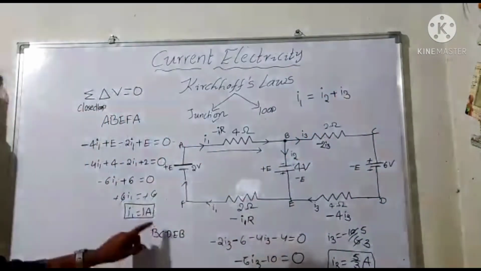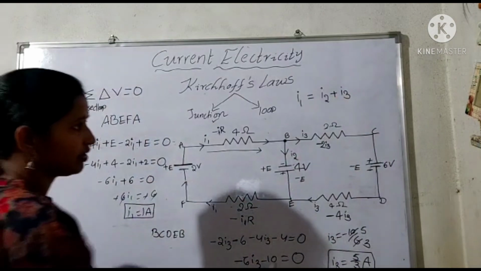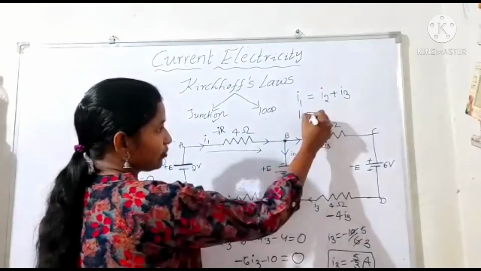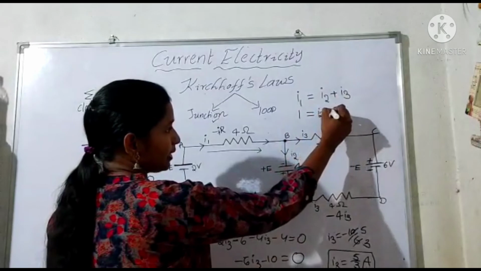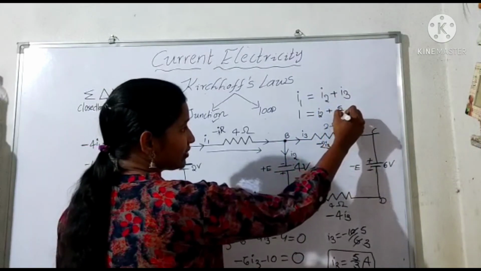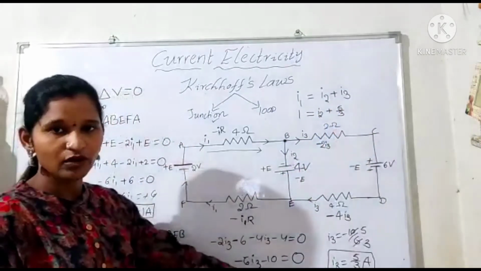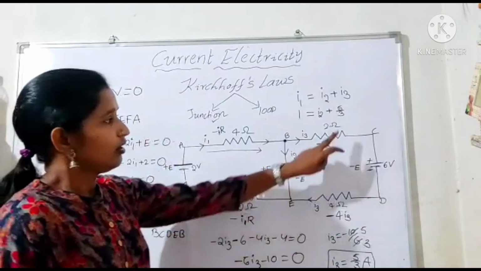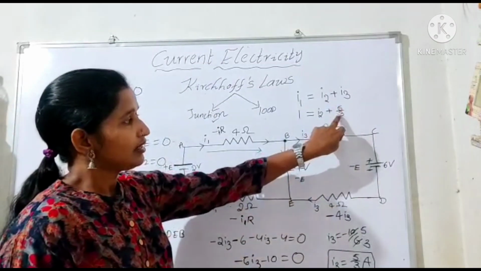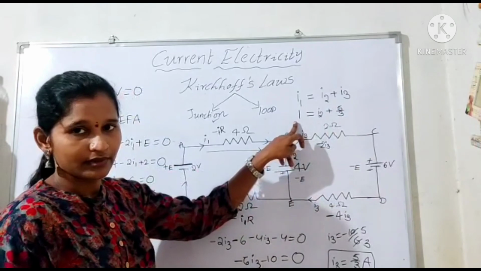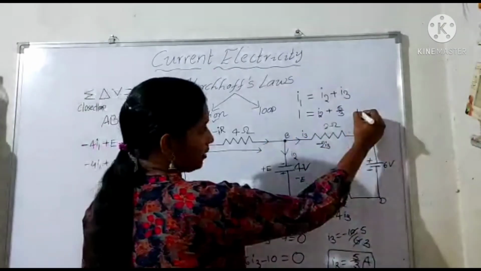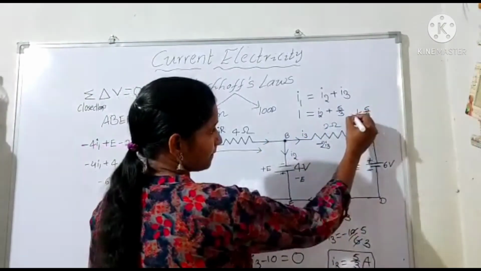What is the I1 value here? We got 1 ampere. So 1 equals I2 plus 5 by 3, because for I3 we got 5 by 3. Now the plus 5 by 3 is sent to this side, and we get 1 minus 5 by 3.